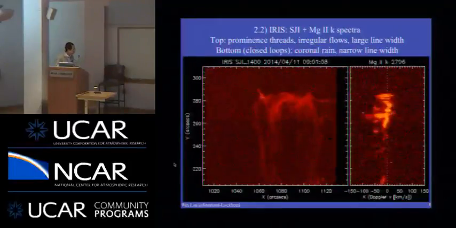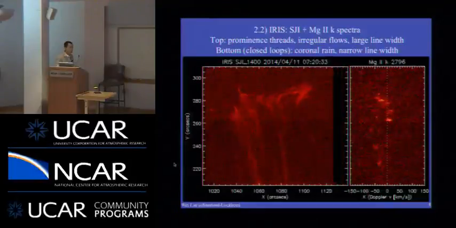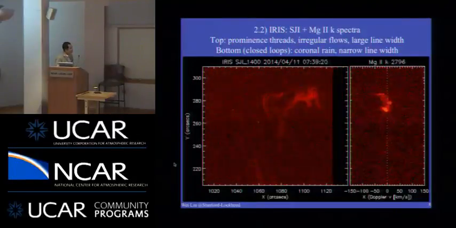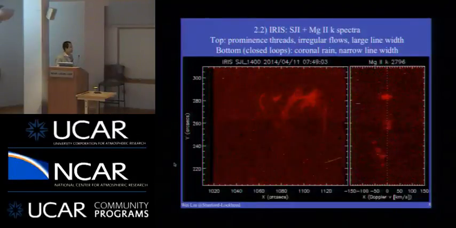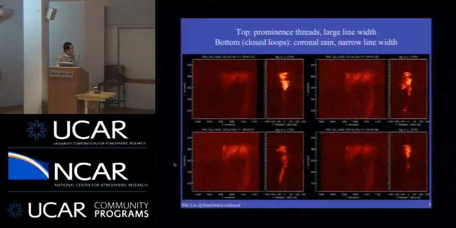But the lower portion is a very regular, well-defined path: coronal rain. Another thing you notice is that the top portion has a broader line width, and the lower portion has a narrower line width. In some snapshots, the character of broad line width at the top and narrow line width near the lower portion is pretty clear.